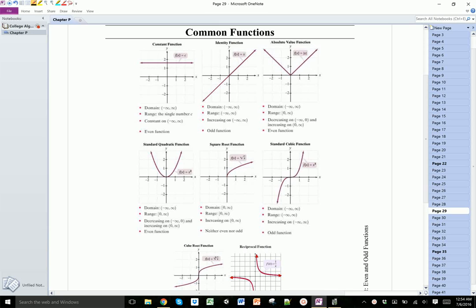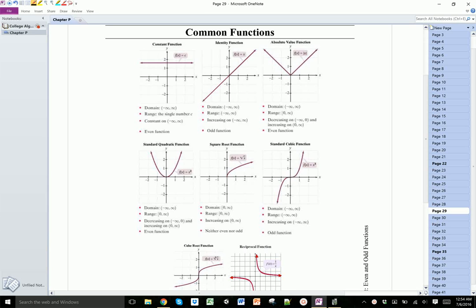The term even function comes from the fact that the standard functions with even exponents, so x squared, x to the fourth, x to the sixth, x to the eighth, are symmetric about the y-axis. So you can see here, even exponent, symmetric about the y-axis, even function.